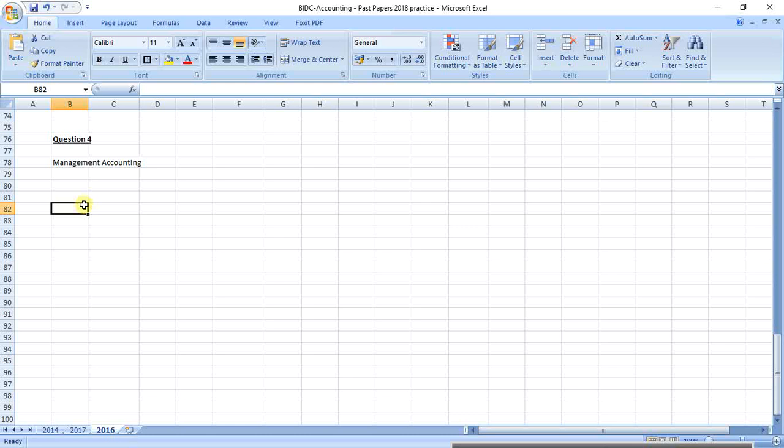And other indirect costs have been given. Then they say other indirect overhead costs. The service department's costs are allocated to production departments as follows. That's important, so let's interpret that.